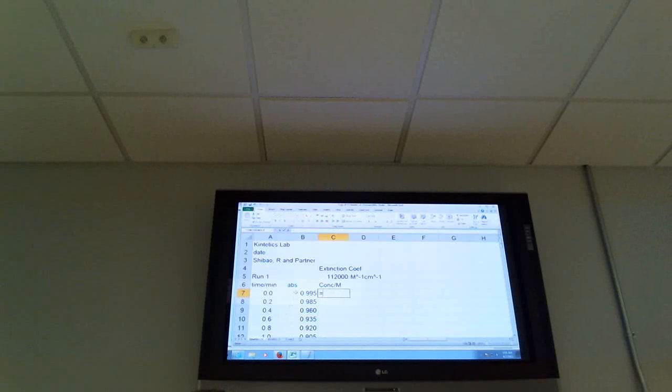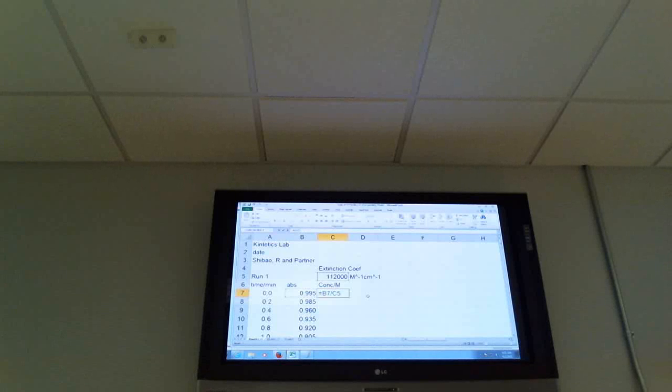It equals the absorbance divided by the path length of the cell, which is 1, so I'm not going to bother putting anything in there, divided by the extinction coefficient, which is going to be cell C5. Is that good? And so this is what I got. The concentration is equal to cell B7 divided by cell C5.